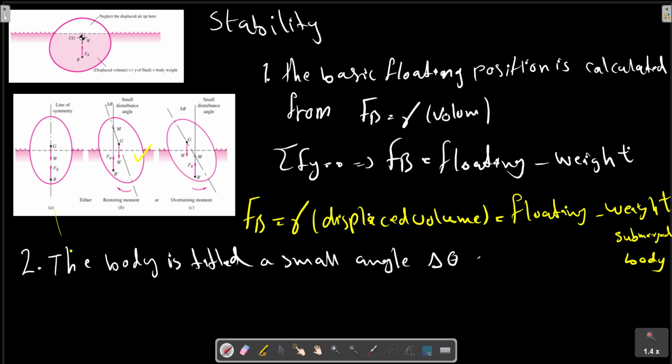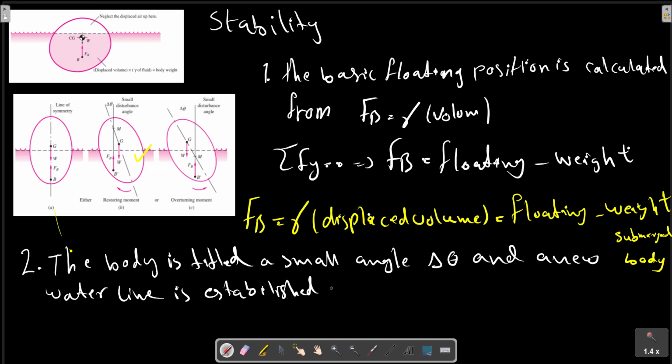And a new waterline is established for the body to float at this point.